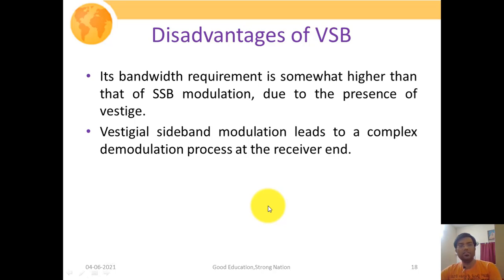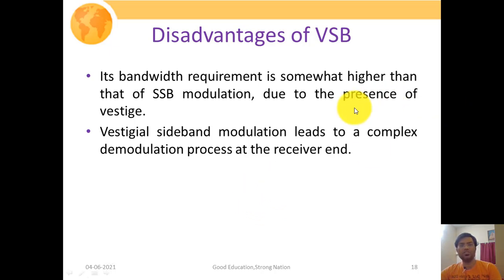Now the disadvantages of the vestigial sideband signal. Its bandwidth requirement is somewhat higher than that of SSB modulation. We already discussed that in SSB modulation we transmit only a single sideband, either the upper or the lower. Whereas in VSB systems, due to the presence of the vestige, along with one complete sideband we also transmit the vestige of the other sideband.